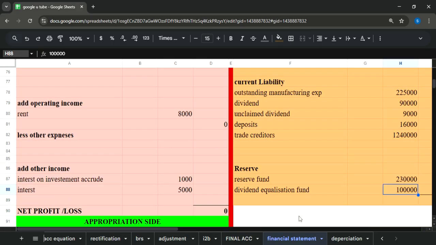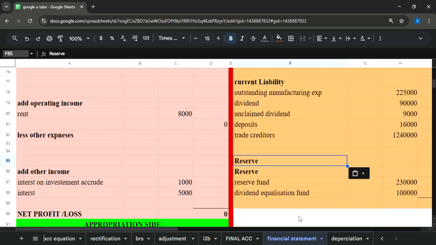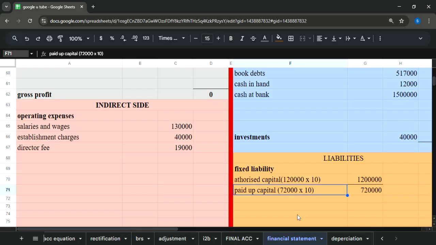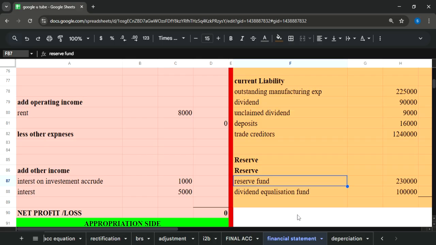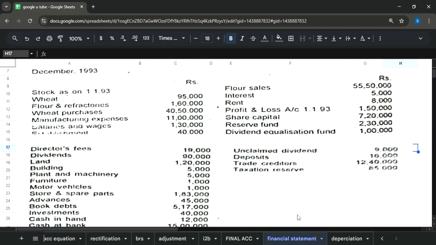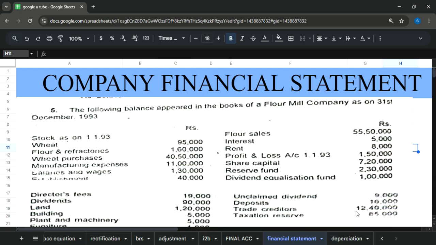No. So let's transfer this reserve to the upward side, and here taxation reserve. Alright guys, let's see how much amount of taxation reserve is, and I think that is 85,000.